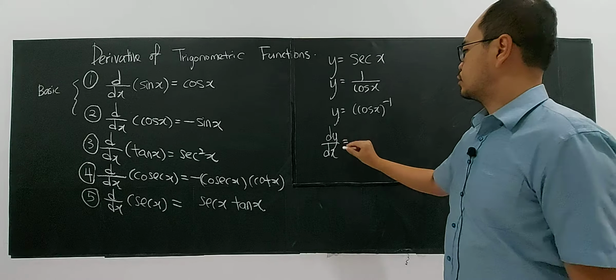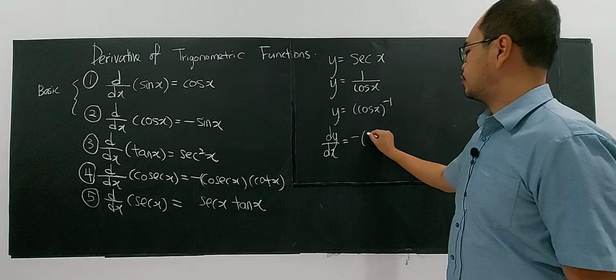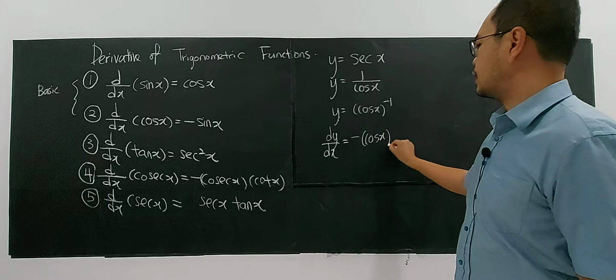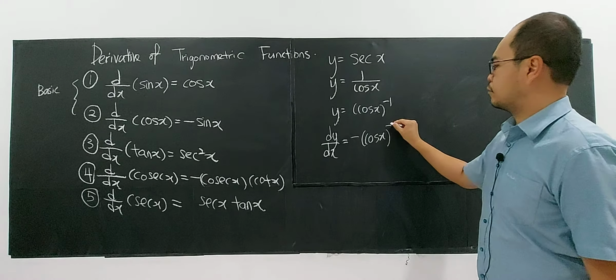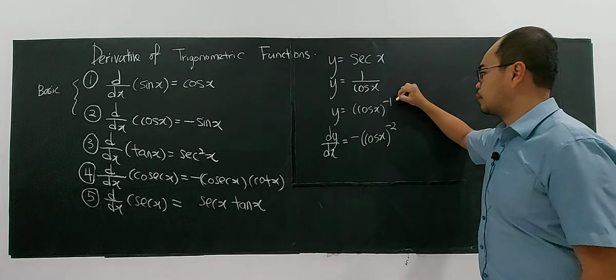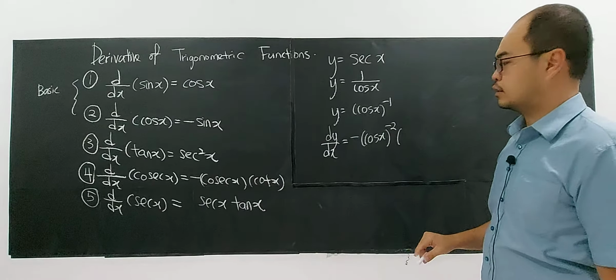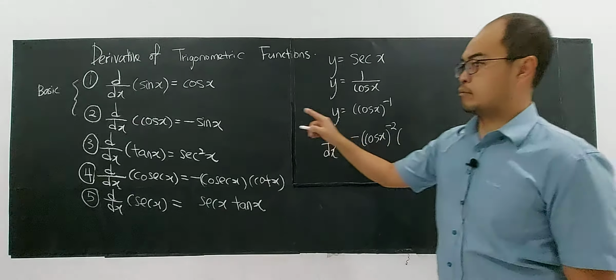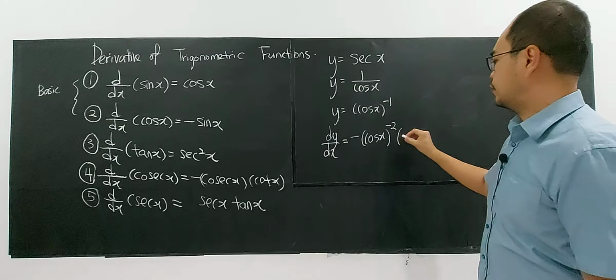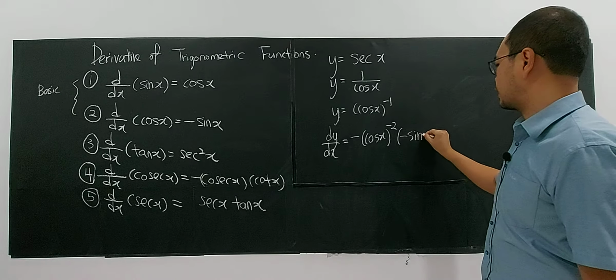So you apply the power rule, the chain rule. So you bring down the negative and you have cos x to the power of negative 2. Why negative 2? Because you minus 1, right? And differentiating the cos x, basic, you will have negative sine x.